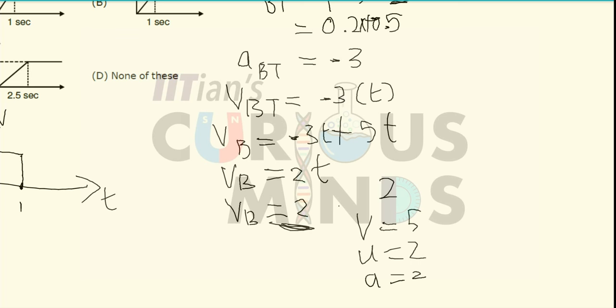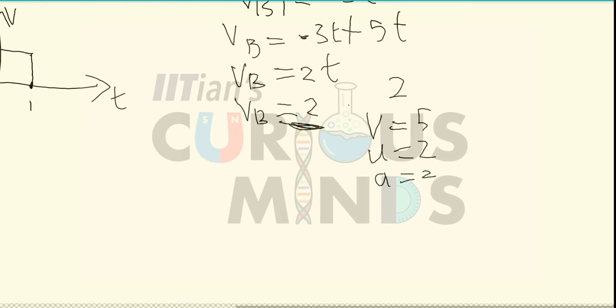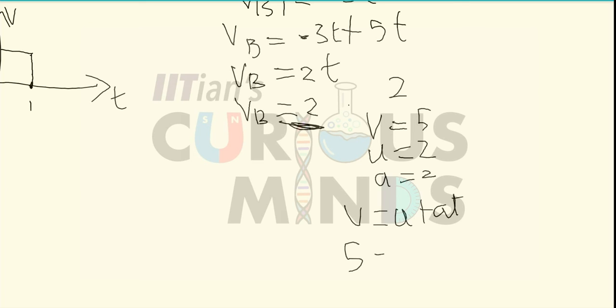So the time taken to reach this velocity will be found from v is equal to u plus at again. v is equal to 5, initial velocity is equal to 2, acceleration is 2 into time. So if you calculate the time, 3 by 2 will be equal to 1.5 seconds.